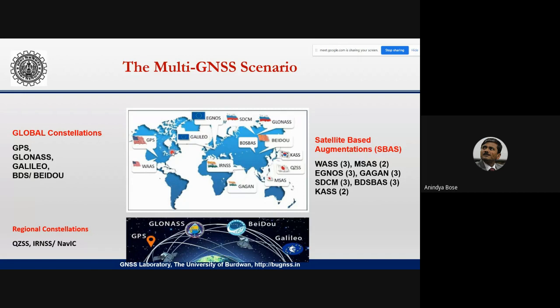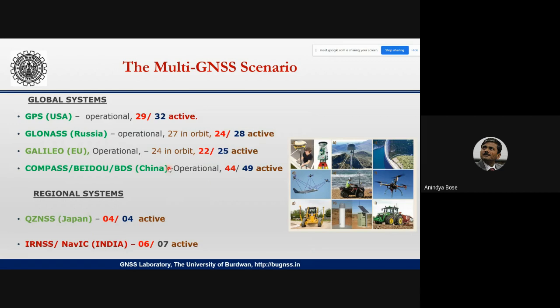Because putting 24, 27, or 7 satellites in the constellation in the sky is a very costly business. Why are so many countries trying to put their satellite systems into the sky, spending a lot of money? I ask you the question. I'll answer afterwards.